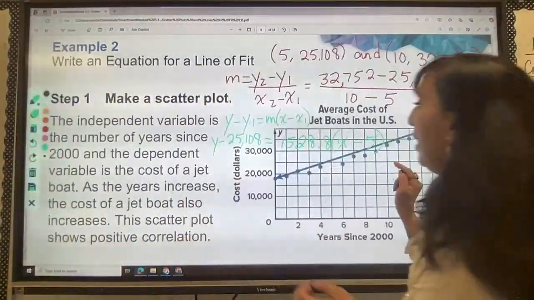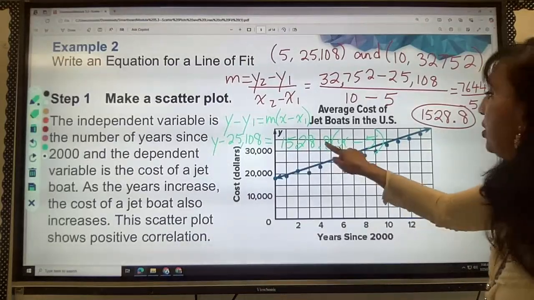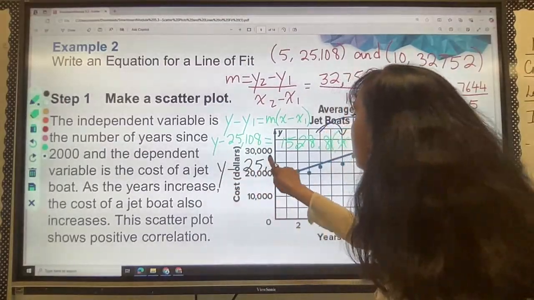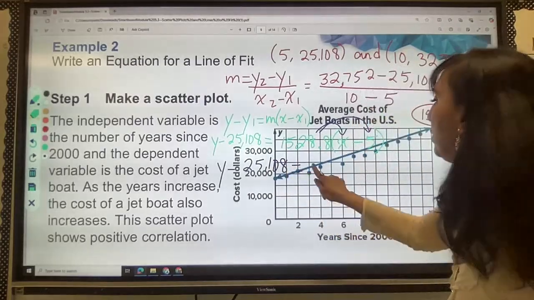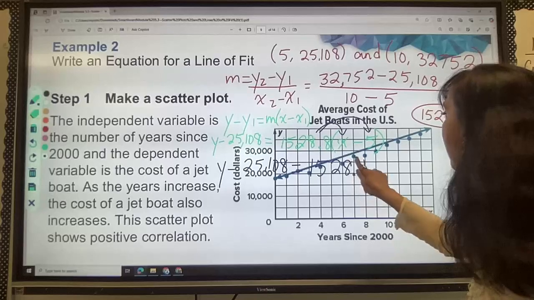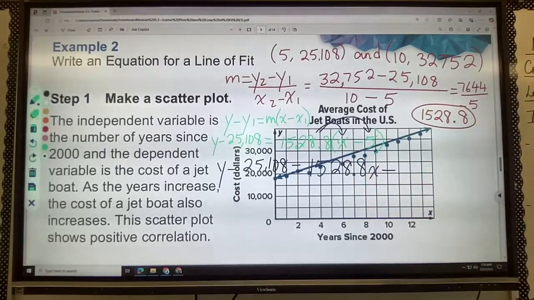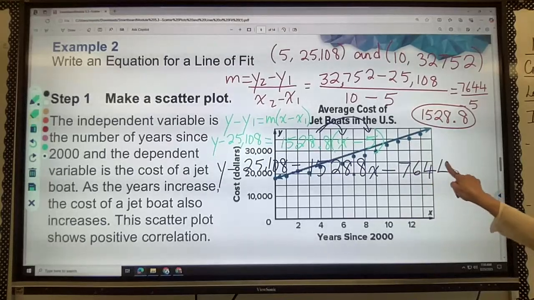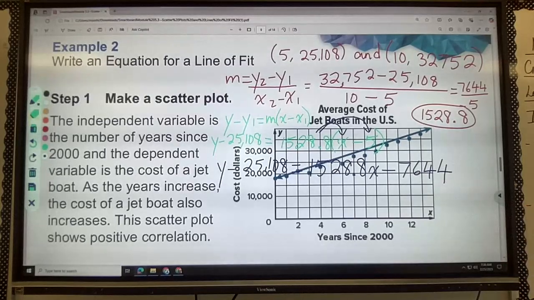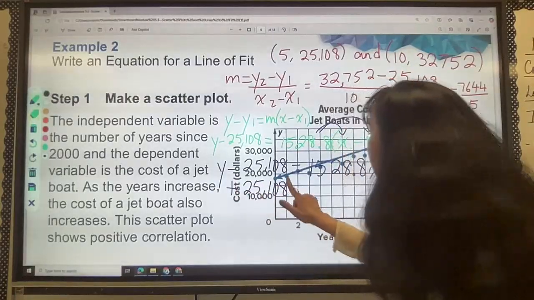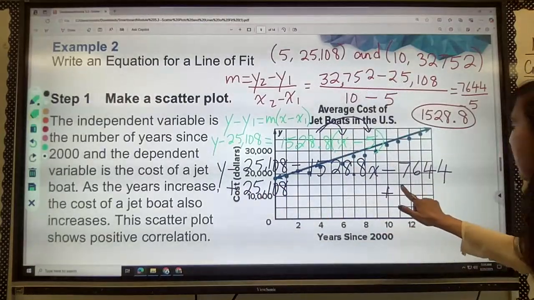Okay, and then we are going to do the distributive property, right? So I get y minus 25,108 is equal to 1,528 and 8/10 x minus, I get times 5, and I get 7,644. And then what am I doing? I am going to be adding 25,108 to both sides of the equation.